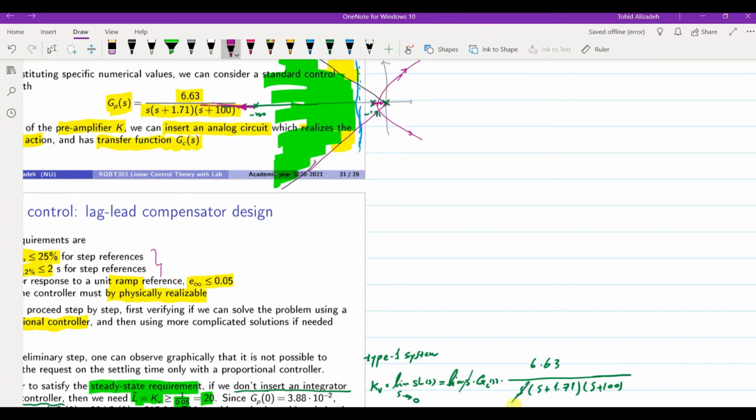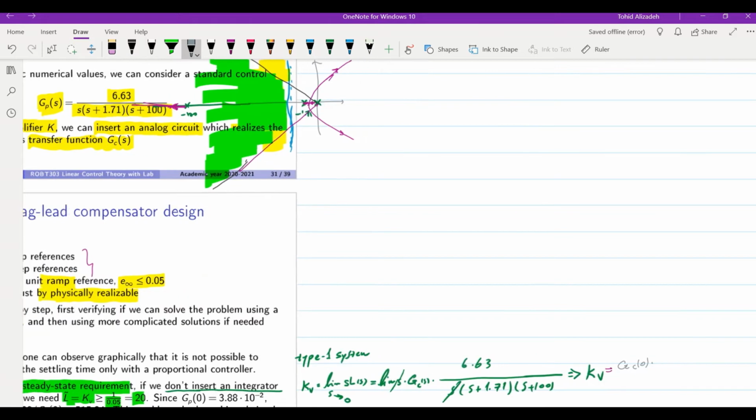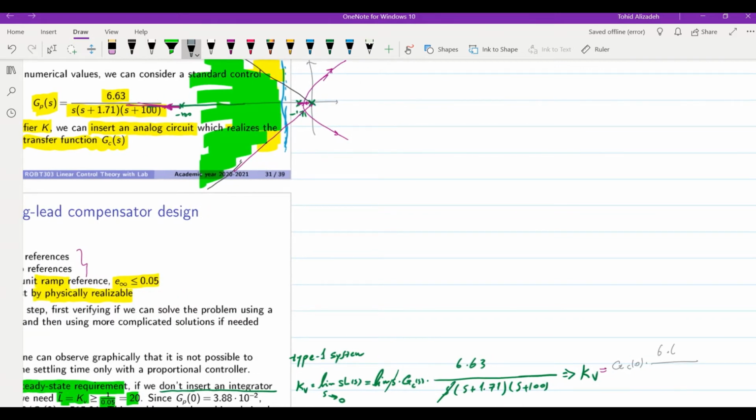If we simplify it and replace s with 0, kV will be equal to GC at 0 times 6.63 over 171.